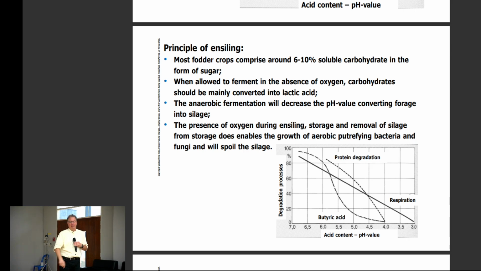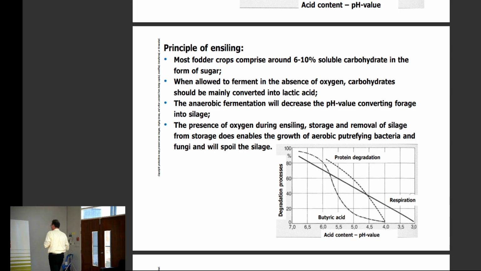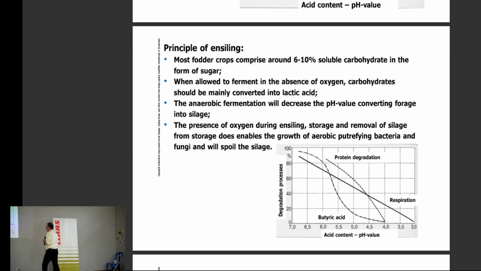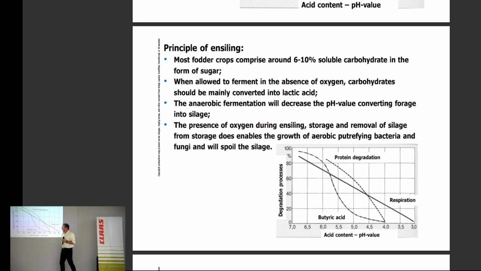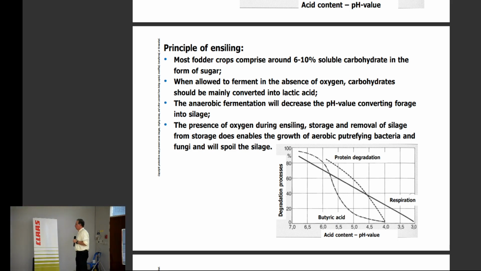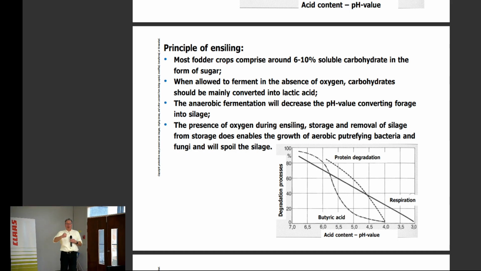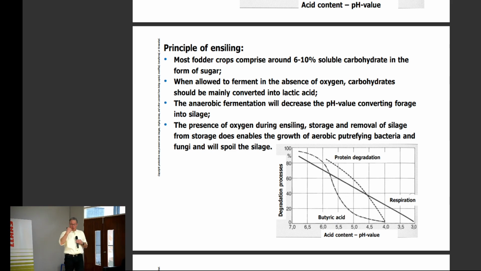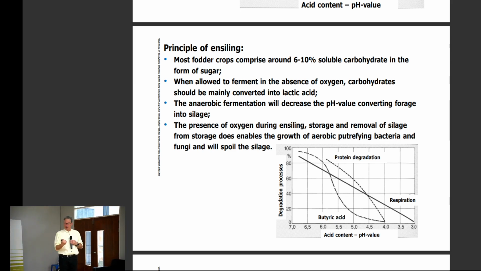But for a dairy, like I said, what you want to have is this lactic acid, and what you do not want to have is this butyric acid. That's what you want to avoid. And therefore, what do you need? It has to be without oxygen, because the fermentation process only starts when there is hardly any oxygen left.